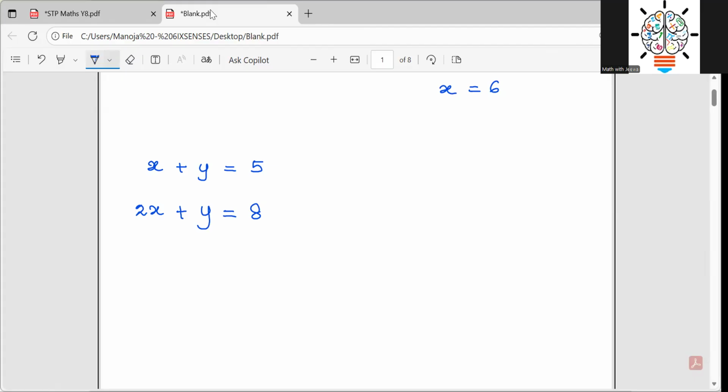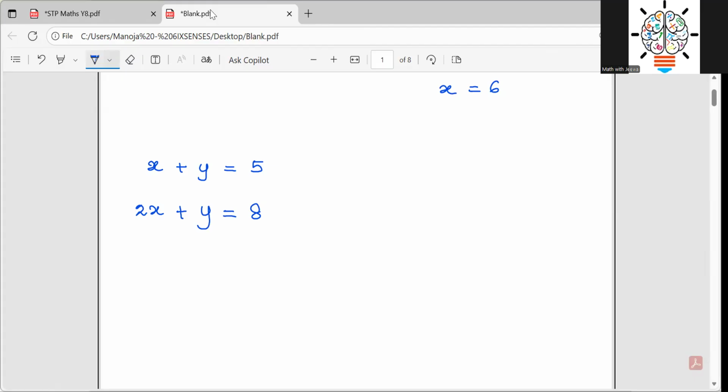We are going to solve these two equations which we have, simultaneous equations, where we have two equations and two variables. And we are going to find the value of x and y. That is what we are going to do.